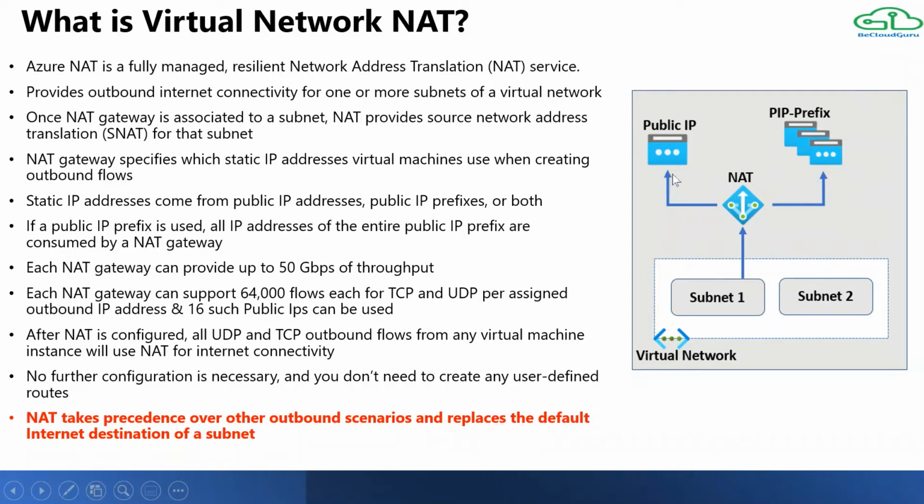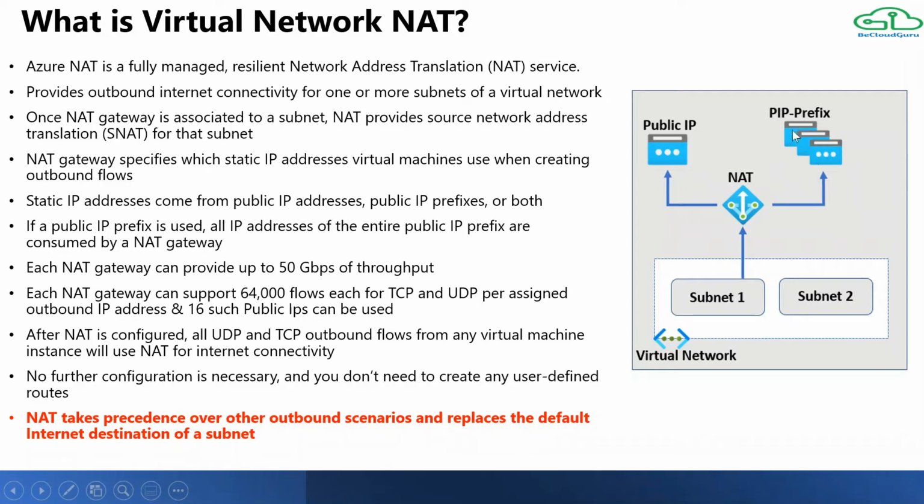These static IPs come from a public IP or public IP prefix, as I said earlier, and the NAT gateway will specify which static IP address a virtual machine will use when creating outbound flows towards the internet.